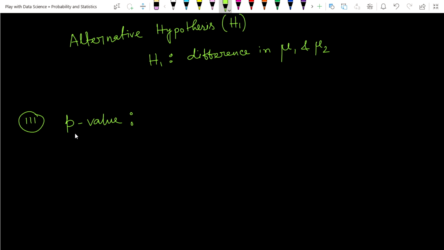Now let's try to understand what the p value is.